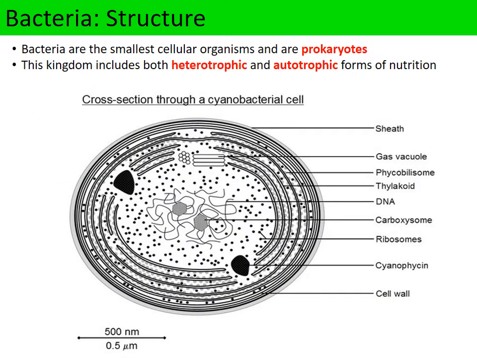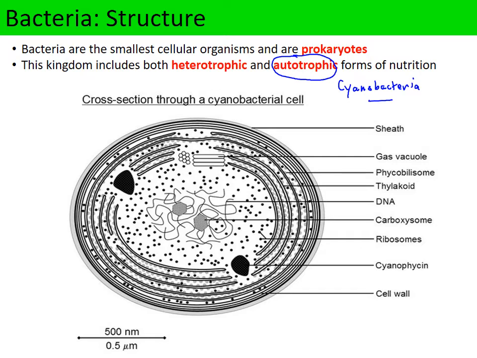Now, one example of an autotrophic bacterium, like we just mentioned, is the Cyanobacteria. If you actually look inside the bacterium, although they don't have membrane-bound organelles because they are prokaryotic, they do have thylakoid membranes.